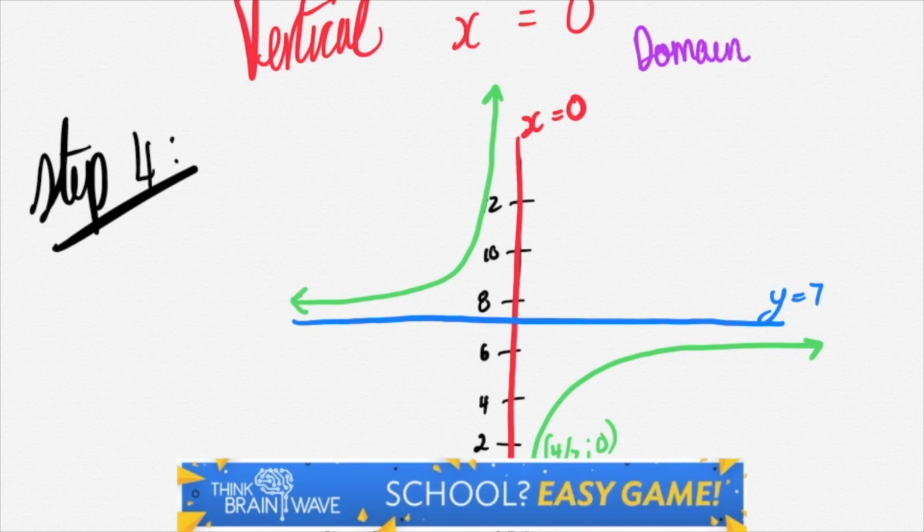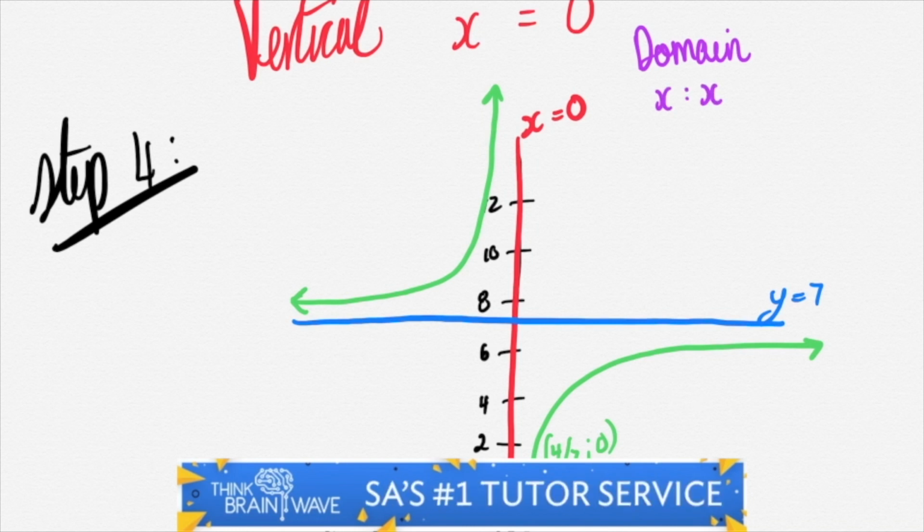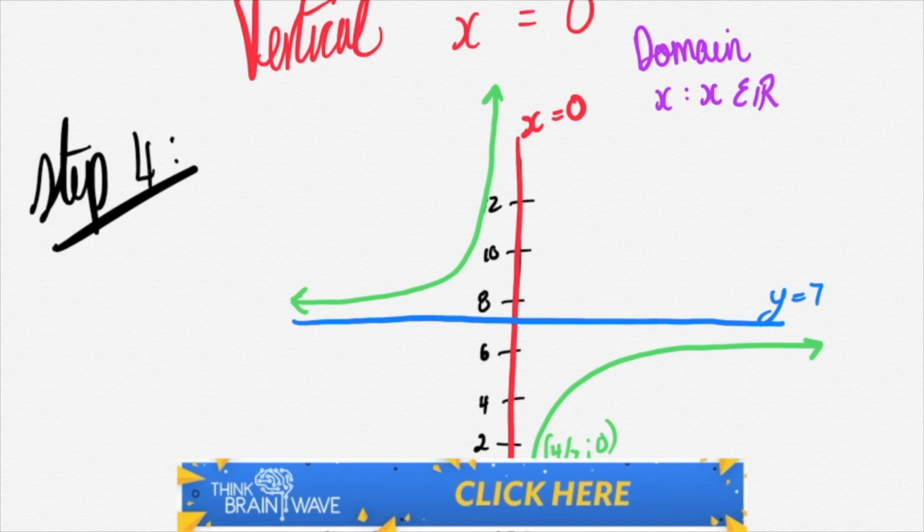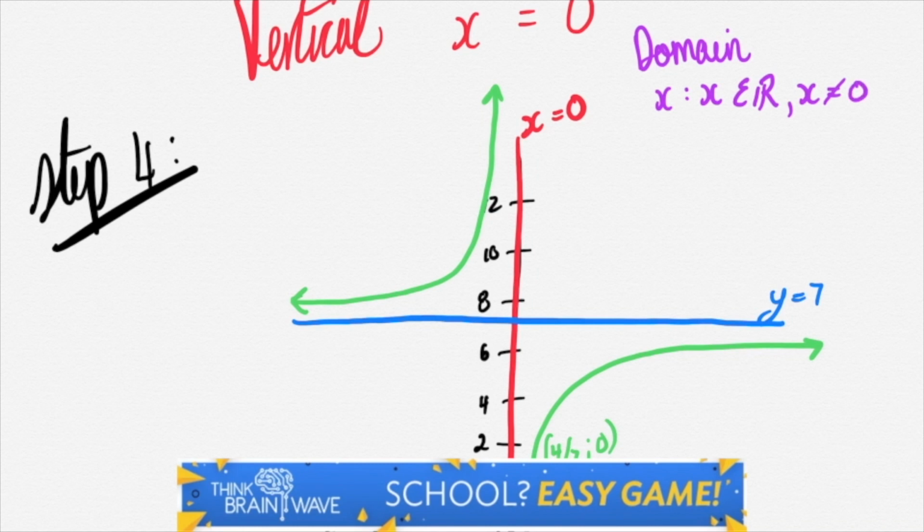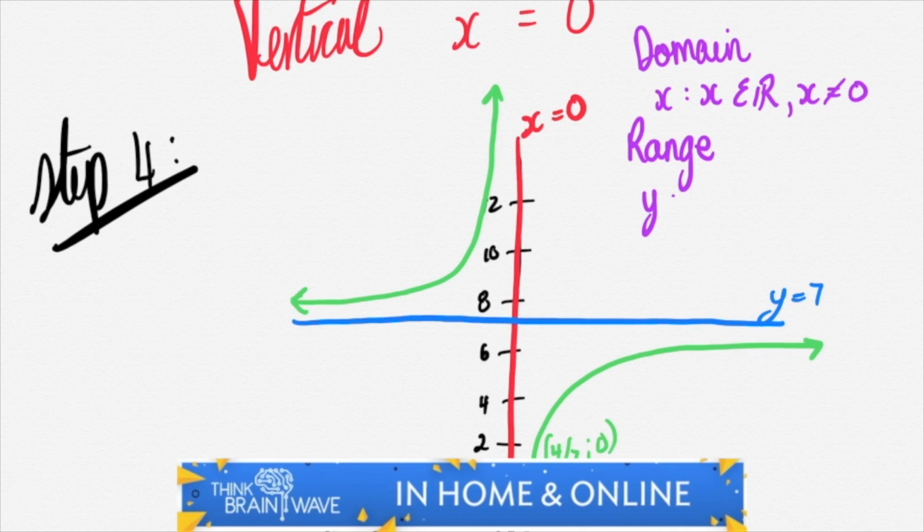So now our domain is all of our x values. The x is an element of the reals because it comes from -infinity, stops at 0, continues on to infinity. So we just say x cannot equal 0. And then our range would be y all the way from negative infinity, stops at 7.